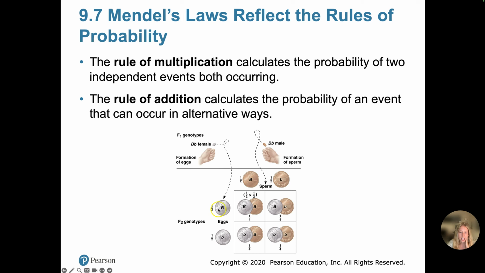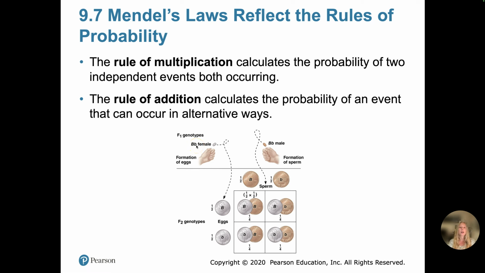So we're using the dime to represent the female eggs and then the pennies to represent the sperm from the male. So both of these individuals are heterozygotes. They're capital B, lowercase b, and then the flip of the coin determines whether this female passes a capital B or a lowercase b onto her offspring.